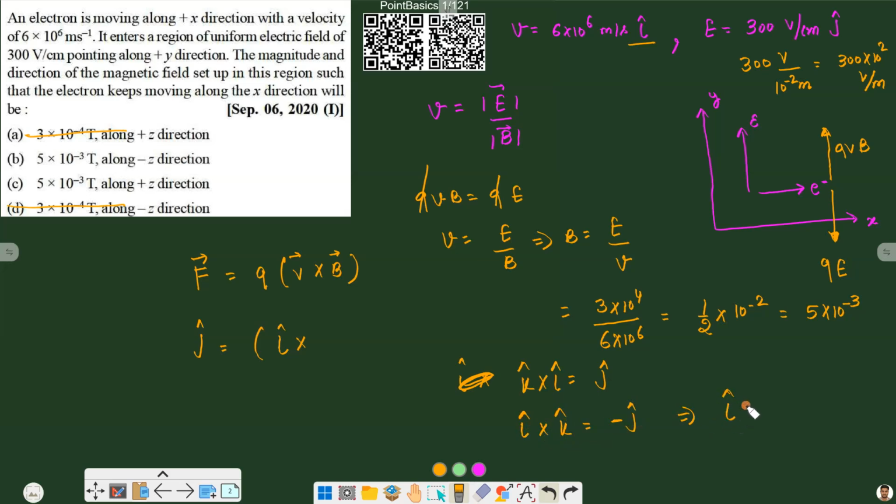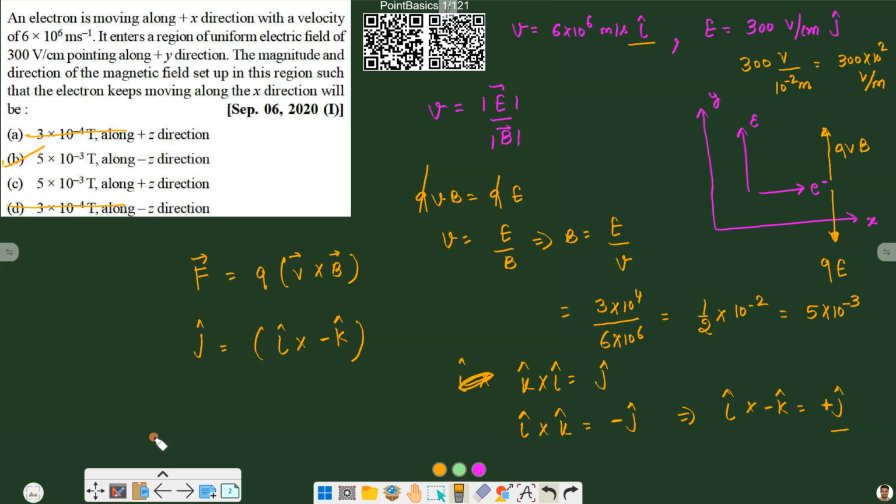So what we can do here, i cross minus of k will be plus of j. Hence the direction of B should be minus k, or we can say negative z direction. Option B will be the right answer.